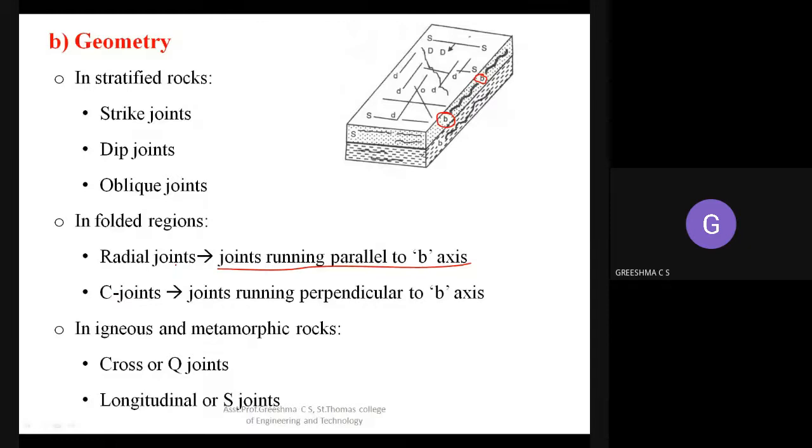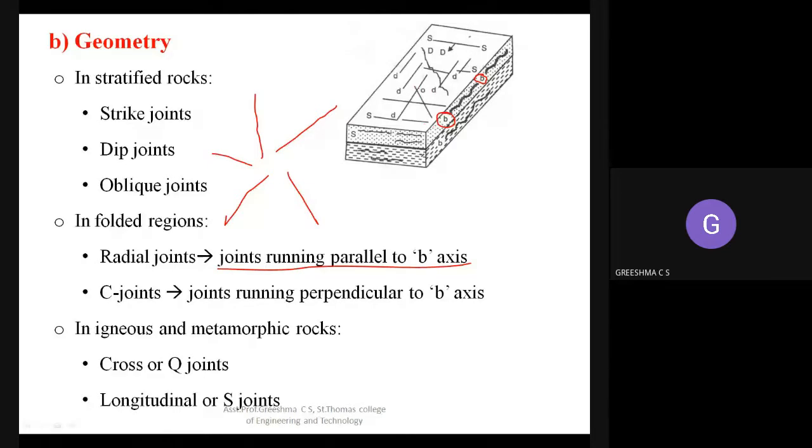Radial joints are the joints which are parallel to the B axis. So what does B axis mean? Radial means it will be like this. B axis means this oblique axis.